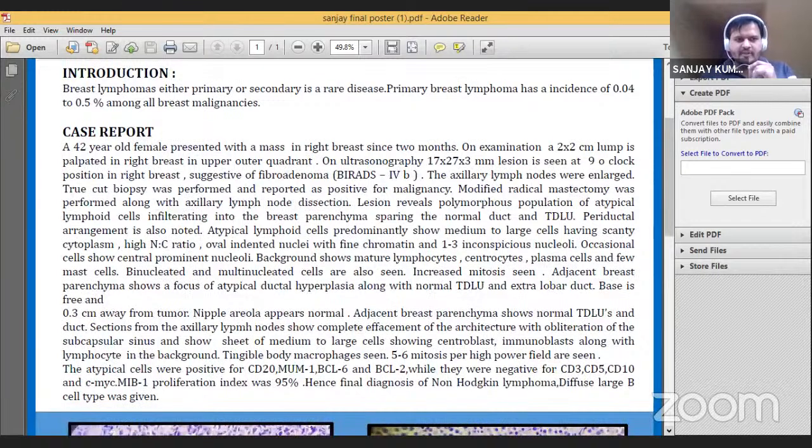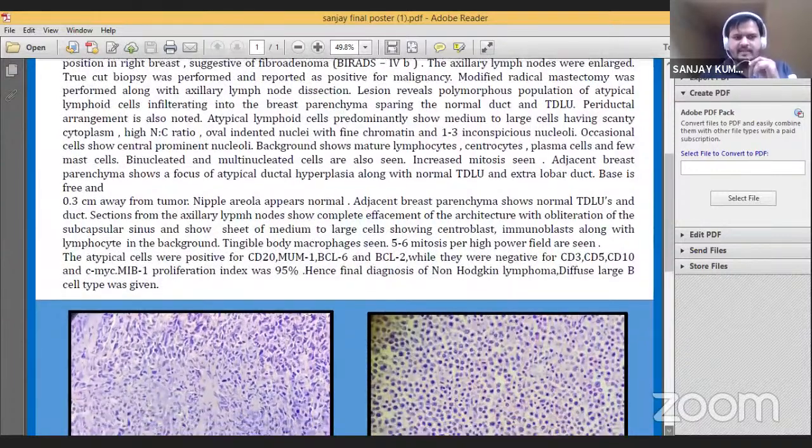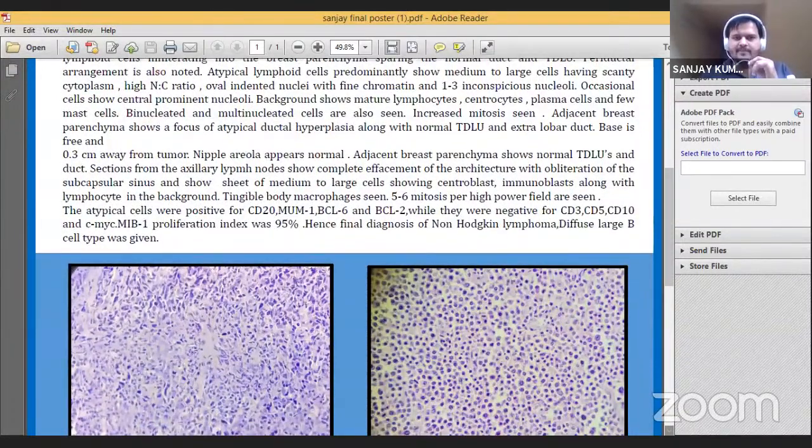Some occasional cells show central prominent nucleoli. Background shows lymphocytes, centrocytes, plasma cells, and a few mast cells. Binucleate and multinucleate cells are also seen. Increased mitosis is seen. Adjacent breast parenchyma shows a focus of atypical ductal hyperplasia along with normal TDLU and extralobular unit. Base is free and 0.3 centimeter away from the tumor. The nipple areola appears normal. Adjacent breast parenchyma shows normal TDLU and duct.